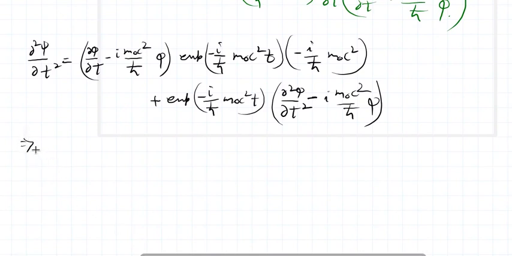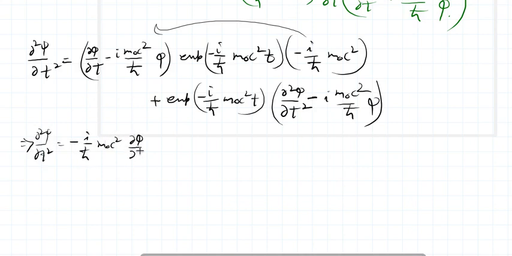So I can do one thing: this part goes in multiplication with here, so I can write this as minus iota over ħ m₀c² ∂φ/∂t, and it gets multiplied with it, and when this gets multiplied, the iota squared will be equal to minus 1, so it is m₀²c⁴ over ħ² φ.